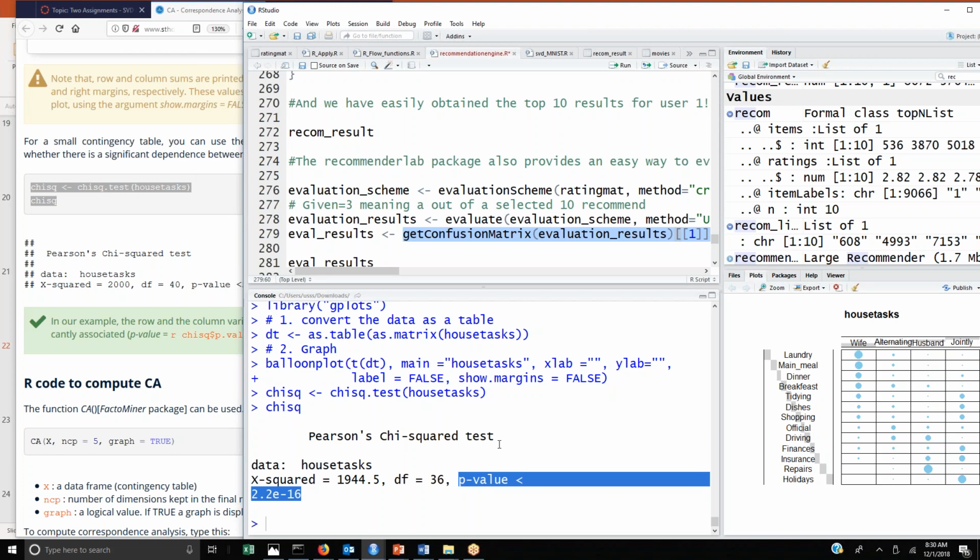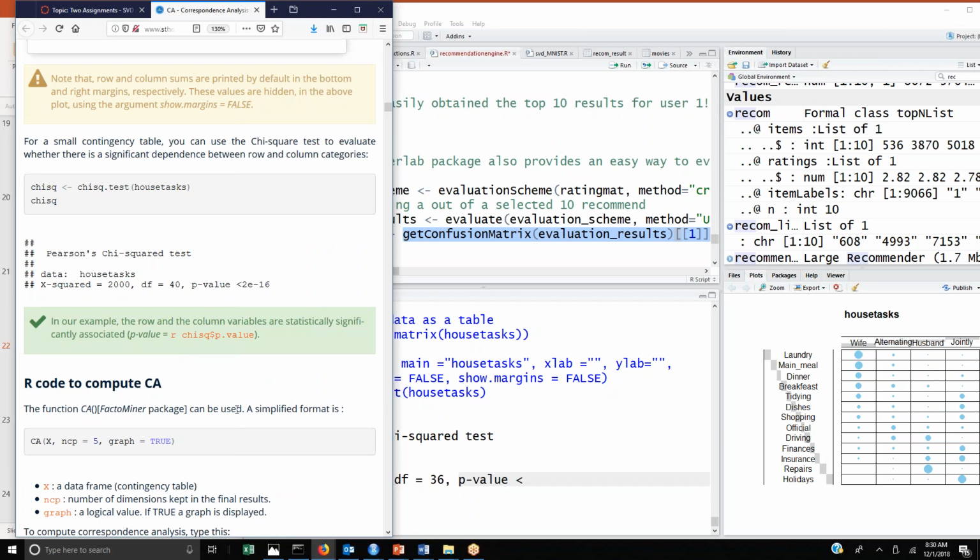What is the null hypothesis here? No association. And we are saying reject that. That means there is something going on here. Statistically, there is some association.